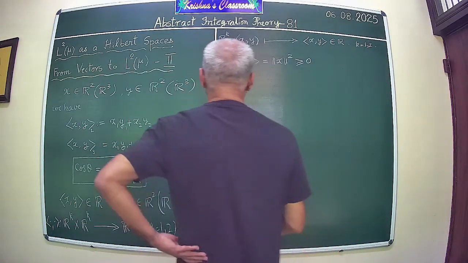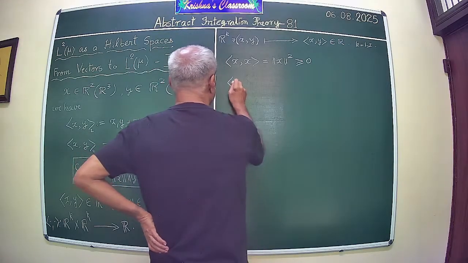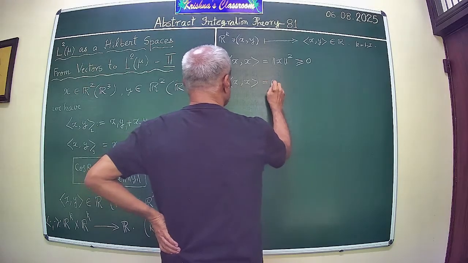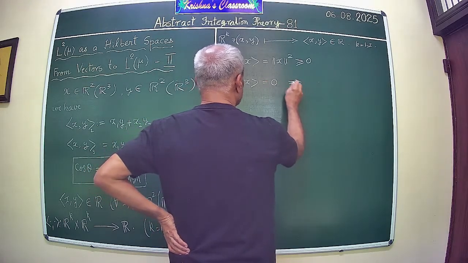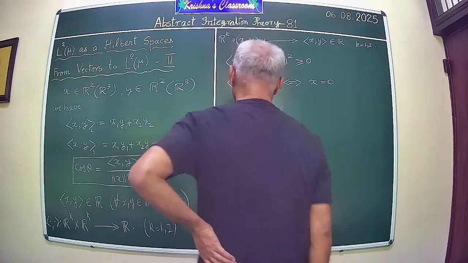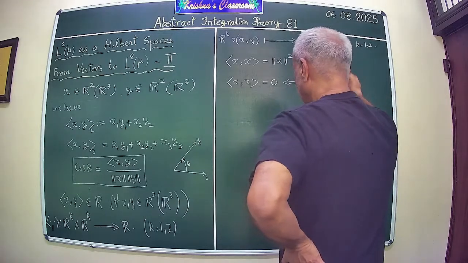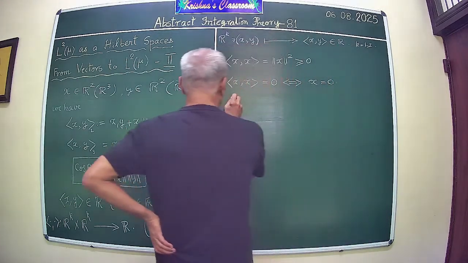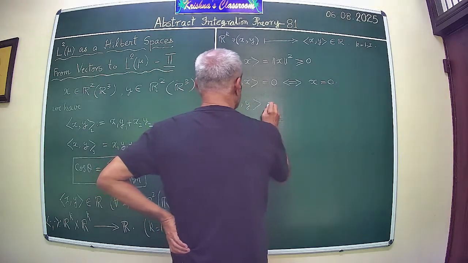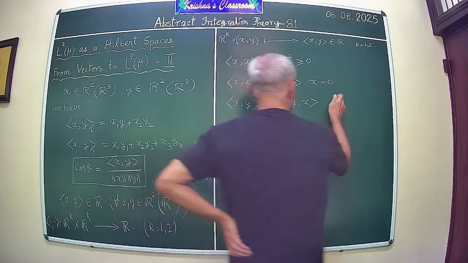Okay. Then we observe that this is easy to see. Then we have x, y is equal to y, x, that is, it is symmetric.